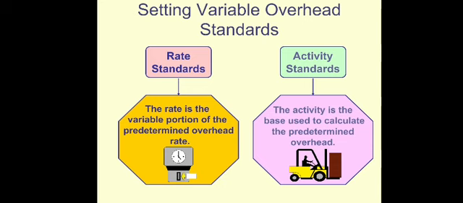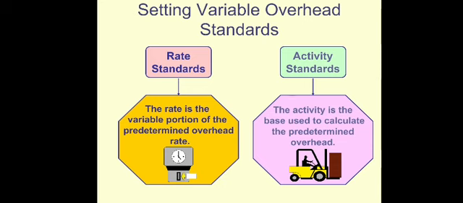You cannot calculate the overhead cost directly. So remember, when you learn about overhead, when you want to calculate overhead for one product, you have to use a predetermined overhead rate. So when you set the standard for overhead, there are two elements related.